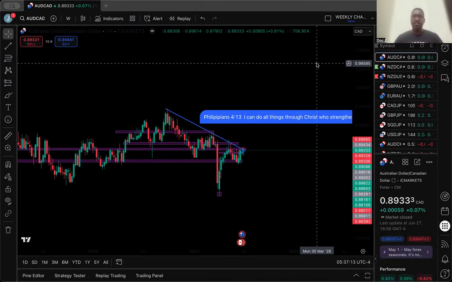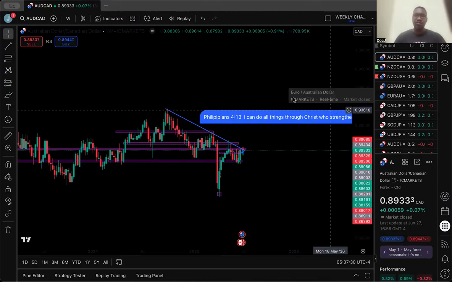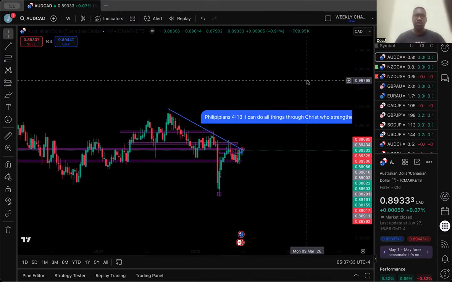And the NZD as well, it did what we wanted it to do, but it didn't go all the way to take profit. The loss for last week was the NZD USD. That one didn't play out the way we had wanted. But nevertheless, the majority of our trades did exactly what we wanted, and so I hope you guys made a profit off of that.